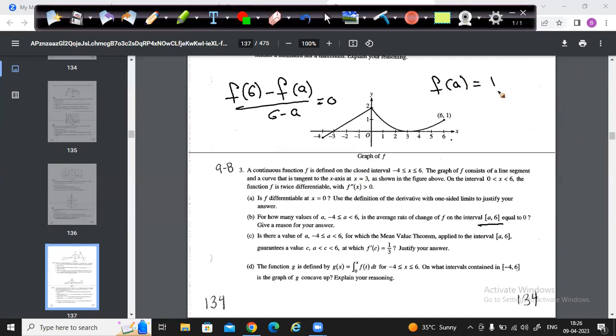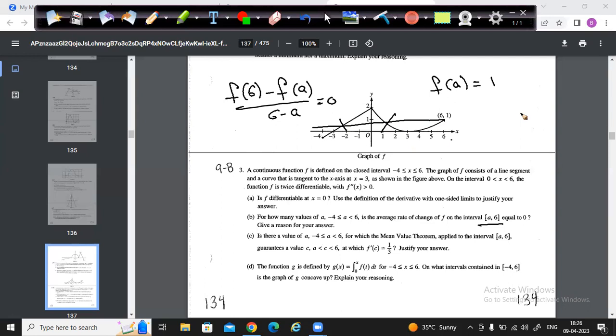Means indirectly it is asking f of a is equal to 1. It is asking where f of a is equal to 1 in between minus 4 less than a less than 6. So clearly I can say there are 2 points where f of a is equal to 1 in between.